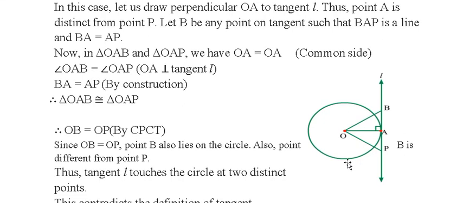You see here, this one, right? Now, thus point A is distinct from point P. Here is the P. Let B be any point on the tangent such that BAP is a line and BA equal to AP. This one and this one, right?